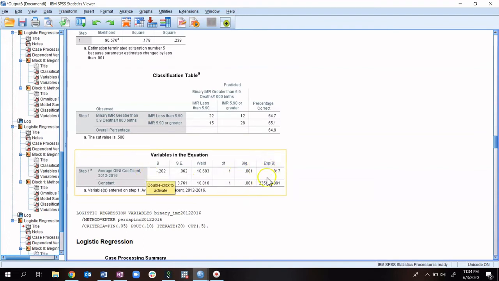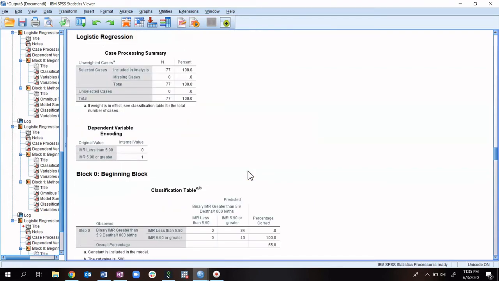We are mostly interested in the odds ratio, which is the EXPB portion down here. And so we find every 1 unit increase in the Gini coefficient decreases the odds of having an IMR that's higher than the national average by about 19%. Now I'm going to explain this more in a second. Okay, so don't get too worked up yet. All right, I am going to get to it.